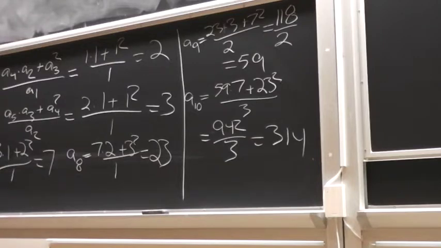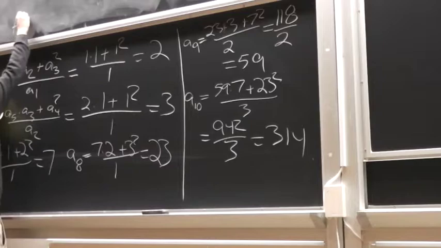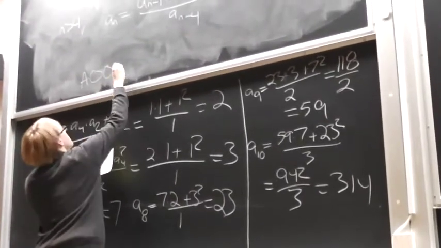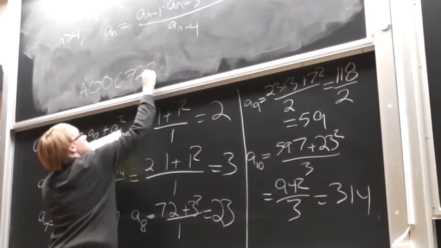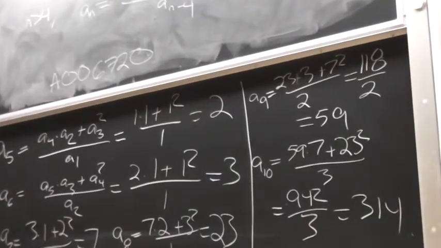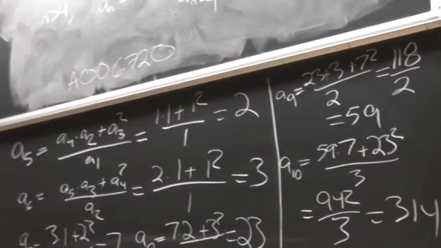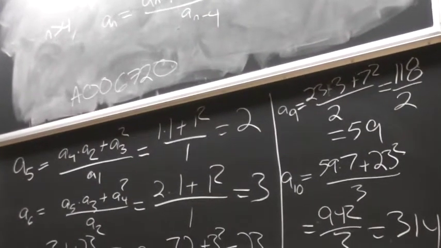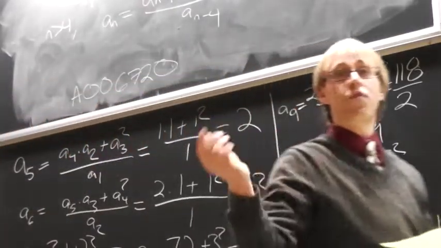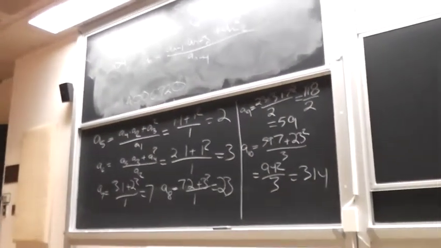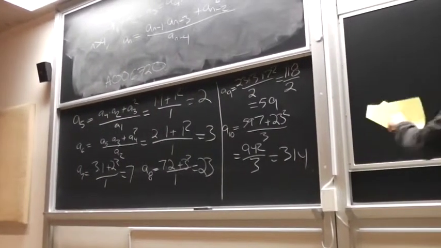Sure enough, it's in Sloane's OEIS, A006720. This is what's called the Somos-4 sequence. More generally, we can have Somos-k sequences.